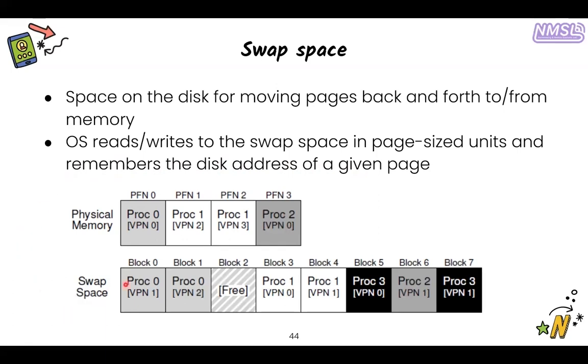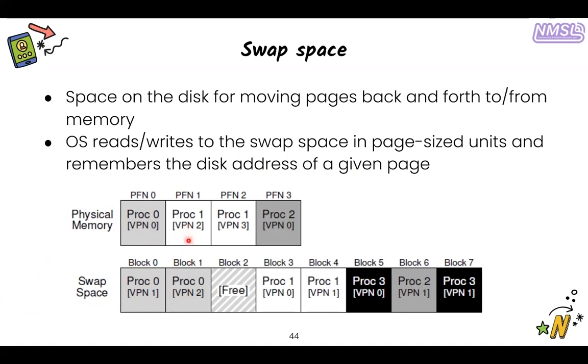An example that the textbook provided here is that for PFN 0, you have VPN 0 in your physical memory, but it looks like VPN 1 and VPN 2 are stashed away to the swap space.